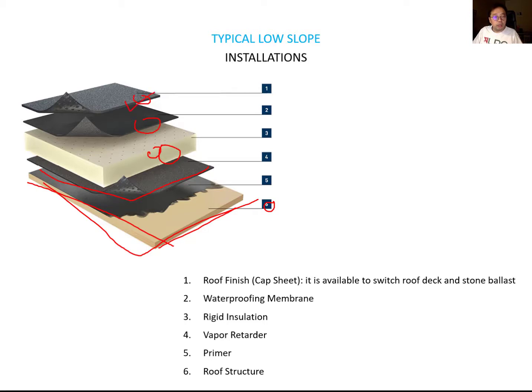It shows a cap sheet, but it is possible to add a roof decking system, which is wood or stone panel. But we can talk about the different roof decking systems later in the lecture. You can also consider stone ballast, which means you can add stone over the waterproofing membrane. We will also talk about this type and this type later in this lecture.